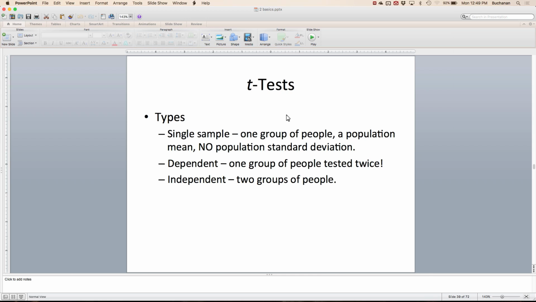So the difference between dependent and independent is just who is in each IV category. If they're in both IV categories, it's dependent. If they're only in one group or the other, it's independent. And that's going to be super important when we get into how we test these because the code literally is like one word different. So you can't go very wrong by running the wrong code. For dependent, independent, the math is pretty different.